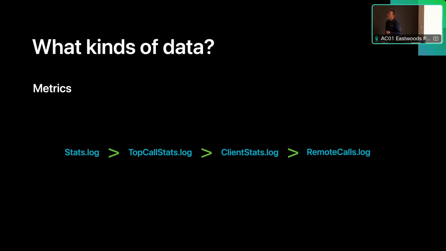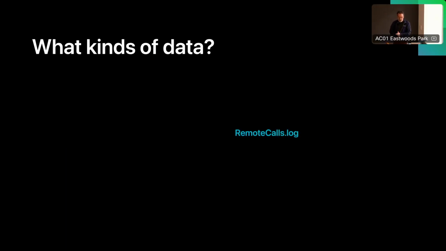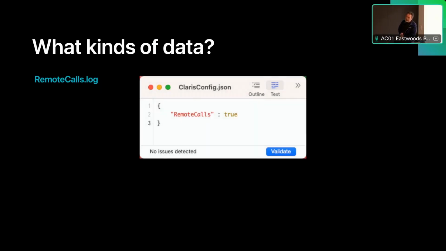And then the most detailed log here is the remote calls log. That one, it's the most obscure log, so I may as well get into that one. It is the most detailed because it logs every single exchange between FileMaker clients, Go, Pro, WebDirect, doesn't matter, and FileMaker Server. So it logs everything.